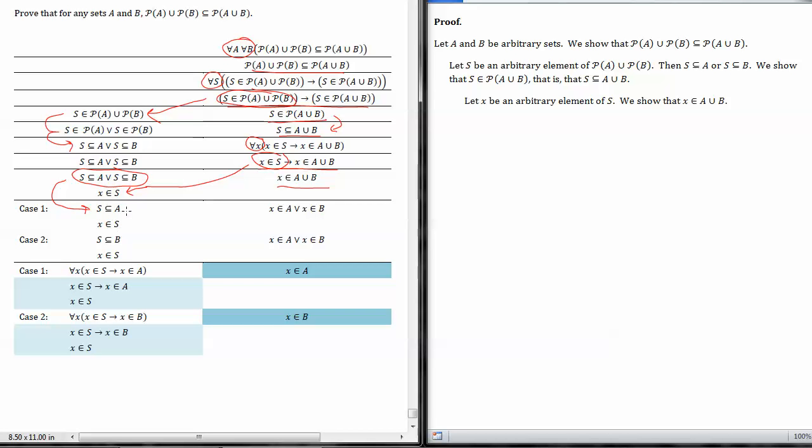And then, well, the first case brings us down here. S being a subset of A has that as its definition, and then universal instantiation got us here.